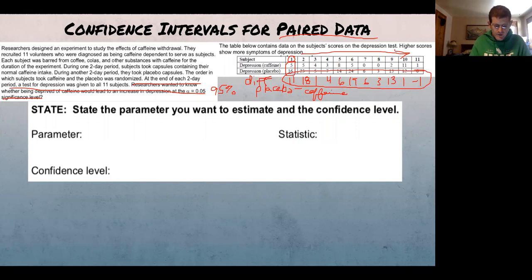Okay, and what I want to do is construct a confidence interval about how much change we might expect in depression level based around this test. How much change might we expect for the average person? That's really what we're solving for when we do a confidence interval.